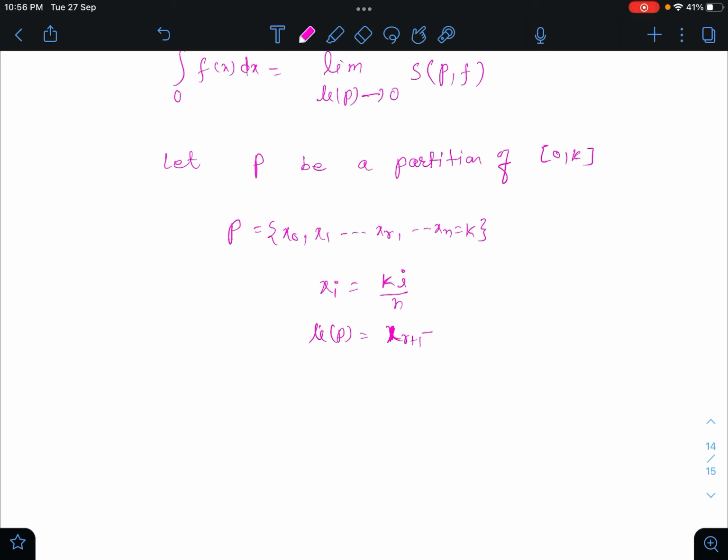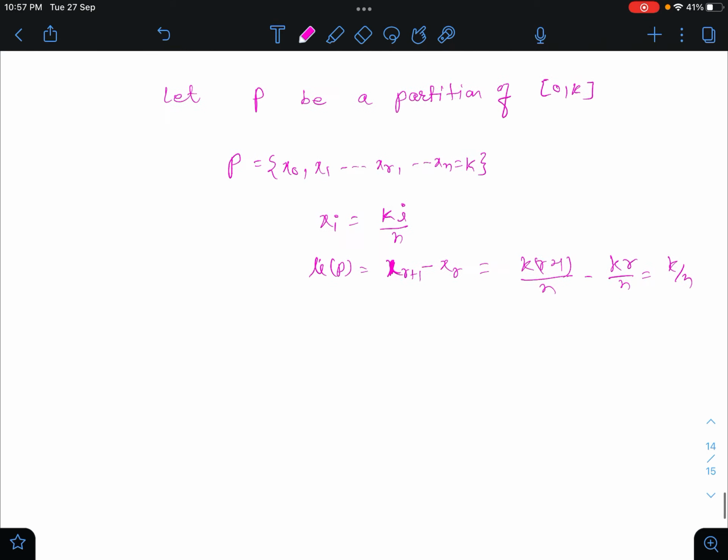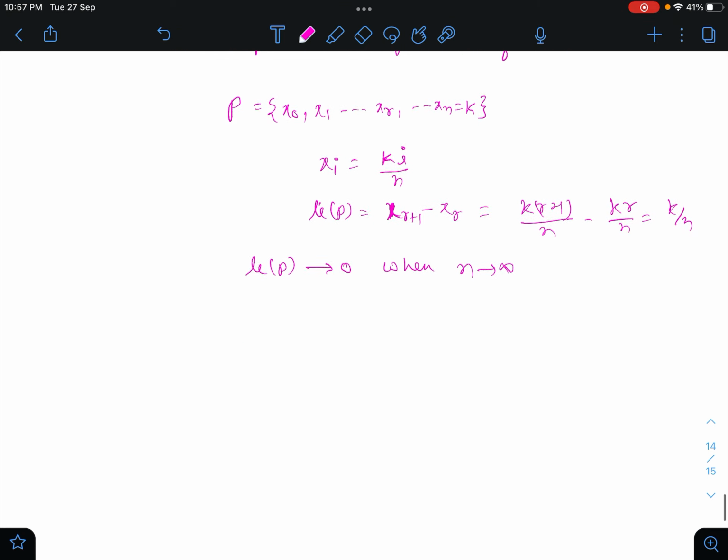The interval is partitioned into subintervals of equal length, so the norm will be x(r+1) minus xr, which is k(r+1) upon n minus kr upon n, which is k upon n. So the norm of P converges to 0 when n converges to infinity. So this is the partition.